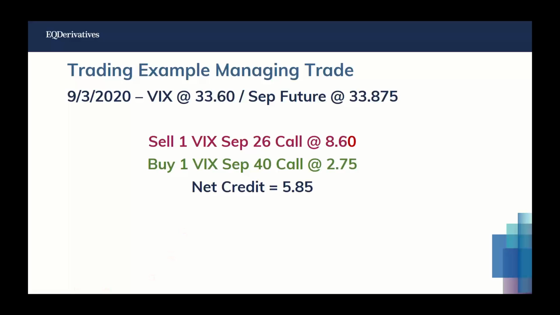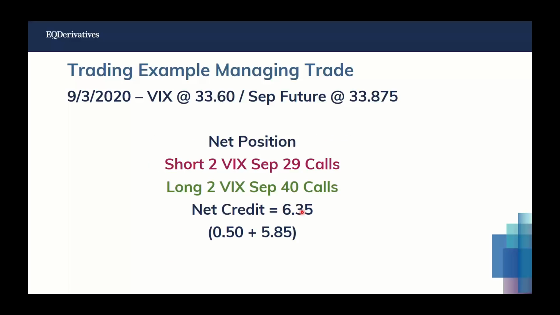And what we end up with is this trade for a net credit of $6.35. Now, we still have some pretty substantial upside risk associated with this trade. We could lose as much in this case as $13.65 because now we're short two call spreads.